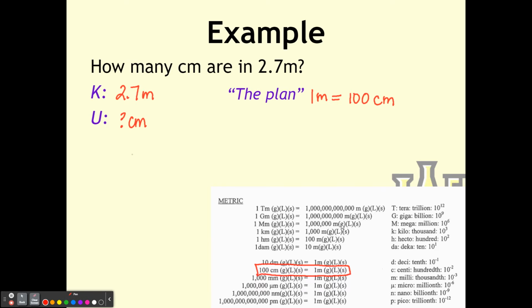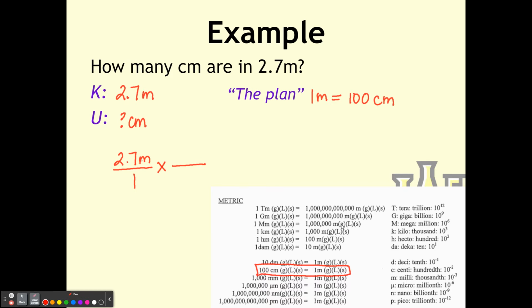Now I'm going to write out my problem. I'm going to start with my known, 2.7 meters, and put it as a fraction over 1. I am then going to multiply by my conversion factor. The conversion factor is just this ratio made into a fraction.